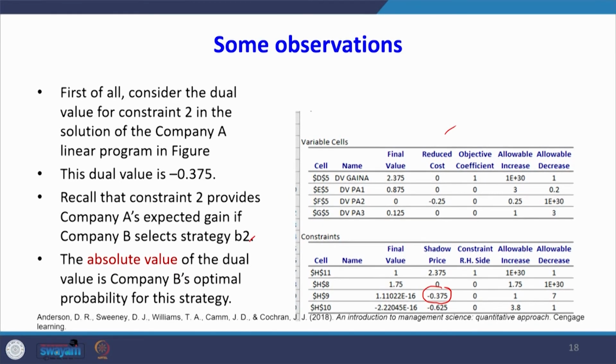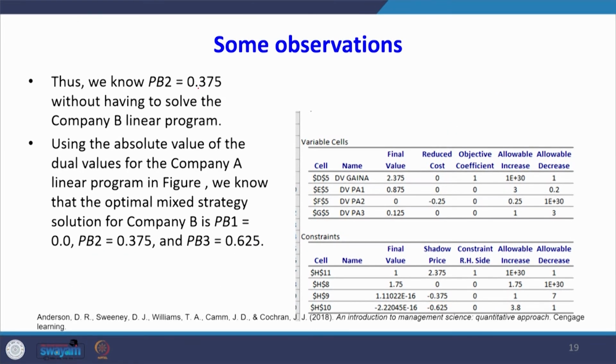So, what we are inferring is that this is the output when we solve this problem from A's perspective, but at that time we are getting the dual value. The absolute value of this dual value is, for example, 37.5. So, this is the optimal probability for company B's strategy. We know that PB2 is 0.375 without having to solve company B's linear programming problem.